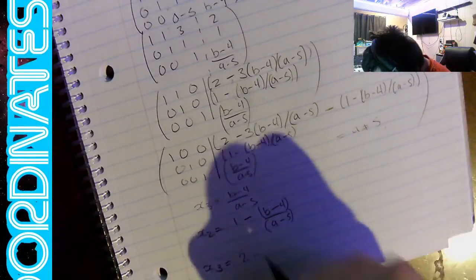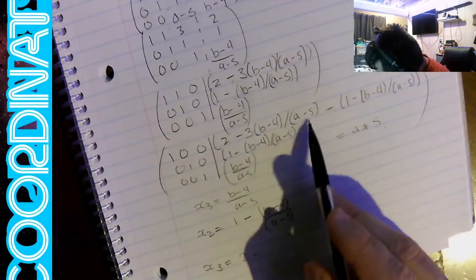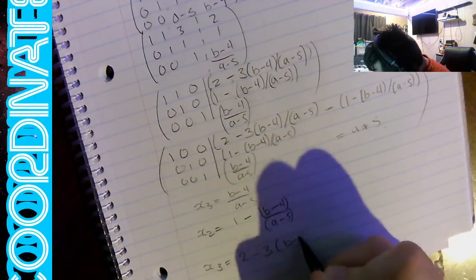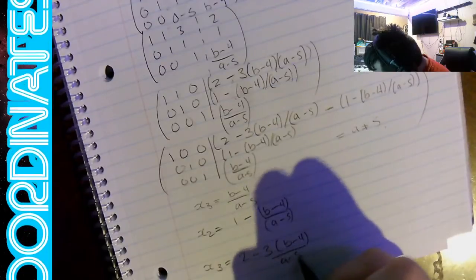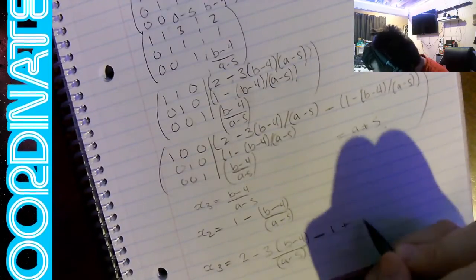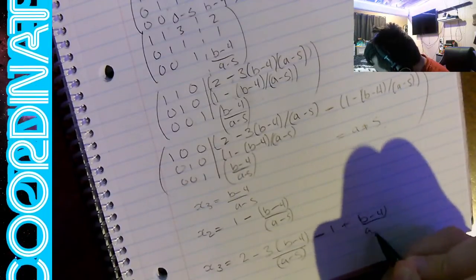2 minus, now these have the same bottom, so actually I'm going to do this first, for a minus 5 minus 1 plus b minus 4 over a minus 5.